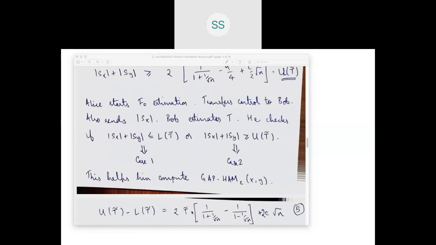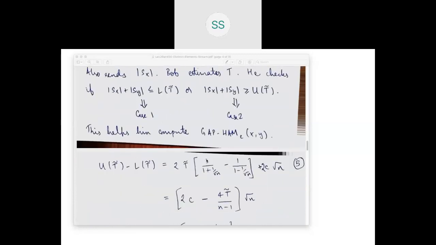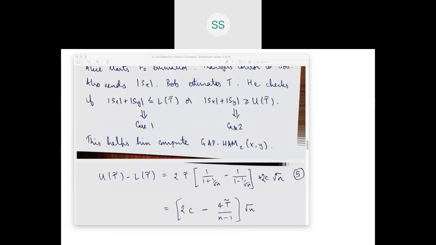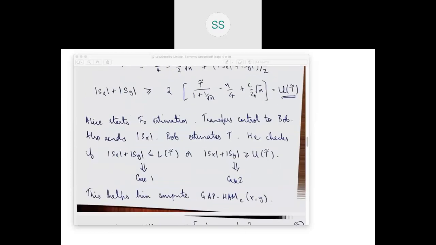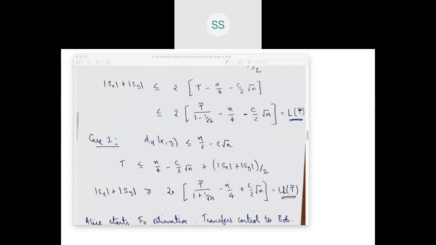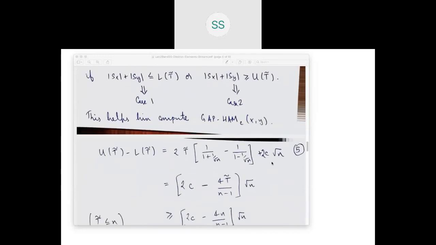So 2 t tilde into 1 divided by 1 plus 1 by square root n minus 1 divided by 1 minus 1 by square root n, plus 2c times square root n. Right? So c by 2 is c, and there's a 2 outside. 2c times square root n.